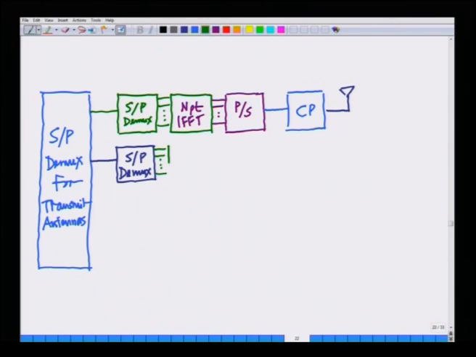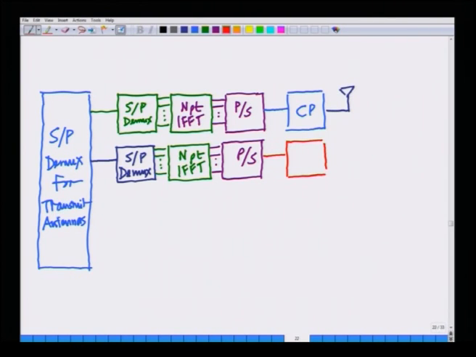Then I will do the N-point IFFT of the symbols, this is the N-point IFFT for transmit antenna 2, followed by taking these IFFT samples and converting them from parallel to serial, that is multiplexing, and now adding the cyclic prefix at transmit antenna 2.